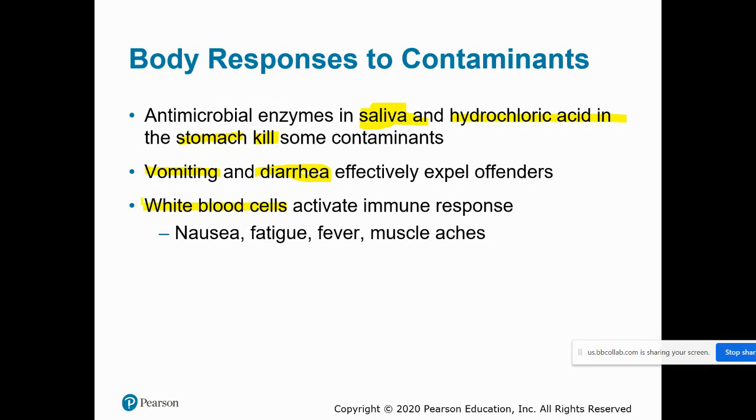And so when we see white blood cell activity, we will commonly see symptoms like fever, fatigue, potentially even muscle aches and nausea. So depending on the severity of the foodborne illness or the toxin that came into the body, we would see a variety of these things or a combination of these things.